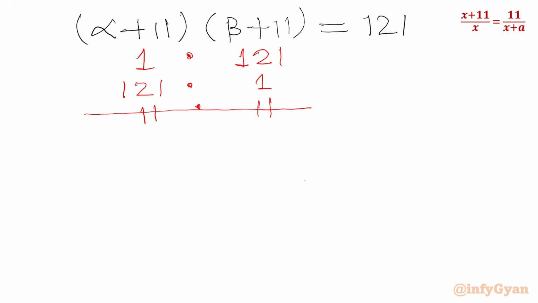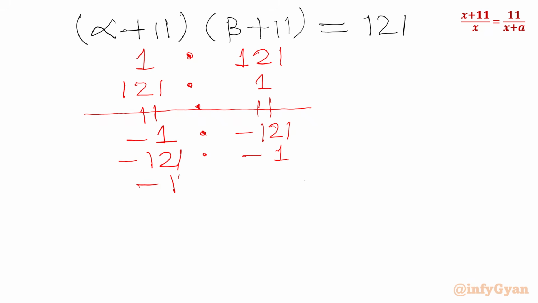Now we will take up negative roots. So minus 1 times minus 121 will give us product plus 121, and minus 121 times minus 1 is also plus 121.